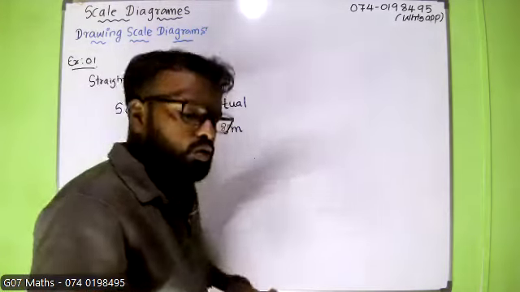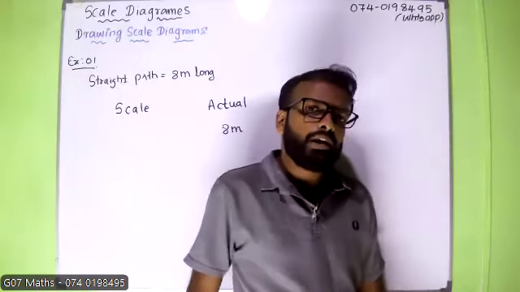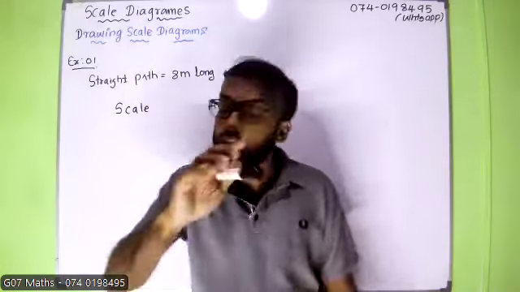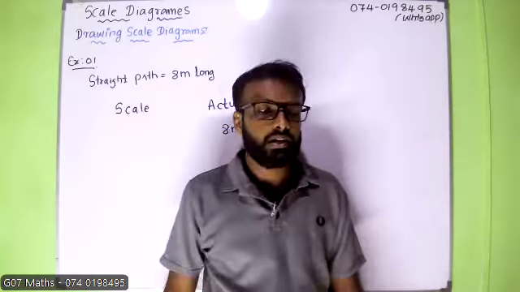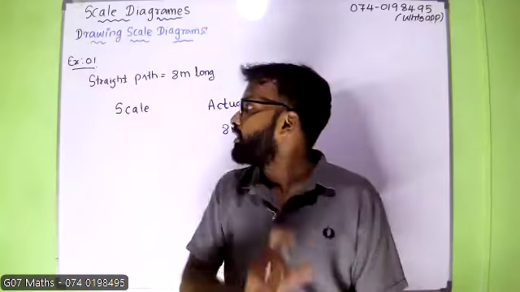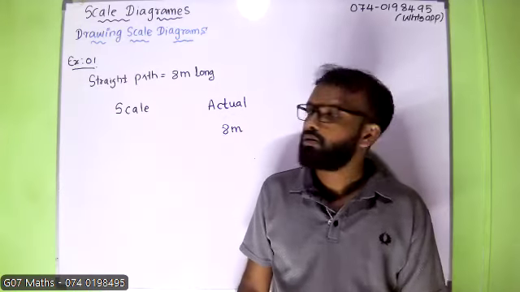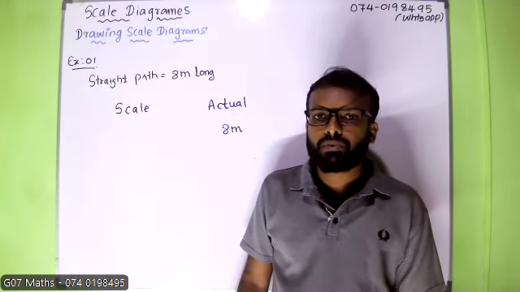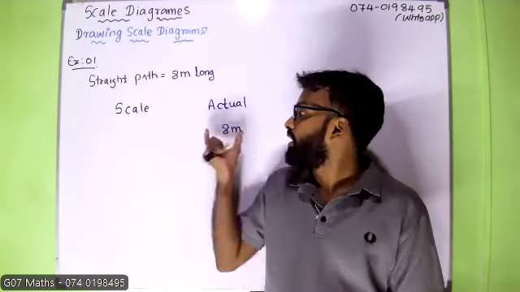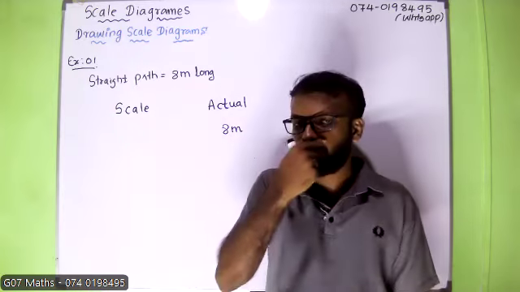Can you draw 8 meters in your book? No. So you have to use a scale. Can any one of you tell me what is the suitable scale to draw this 8 meter length?